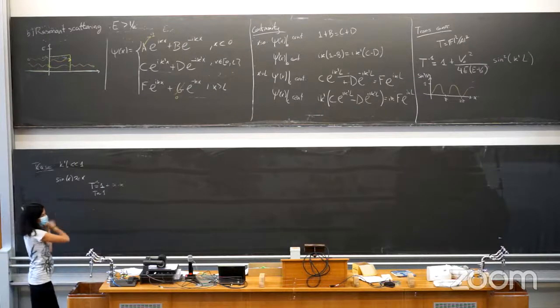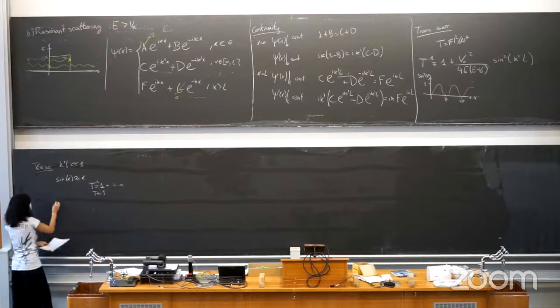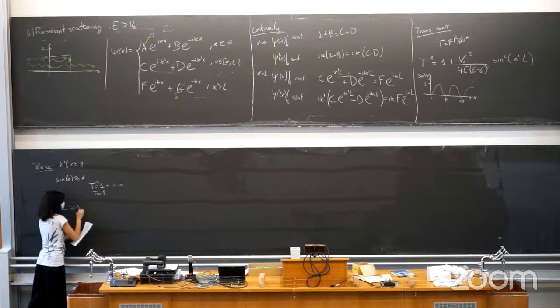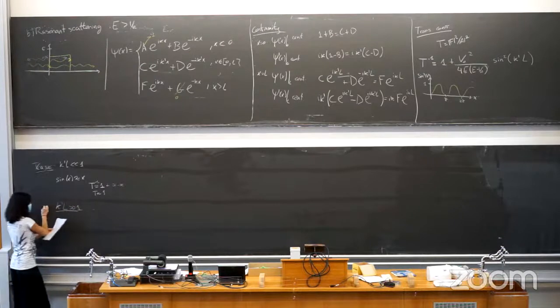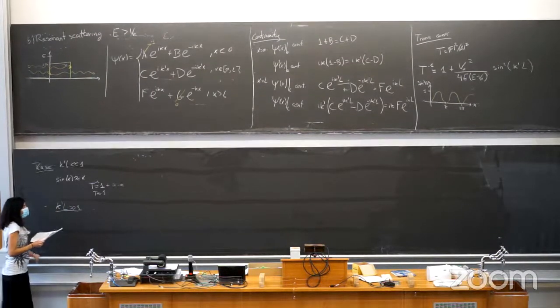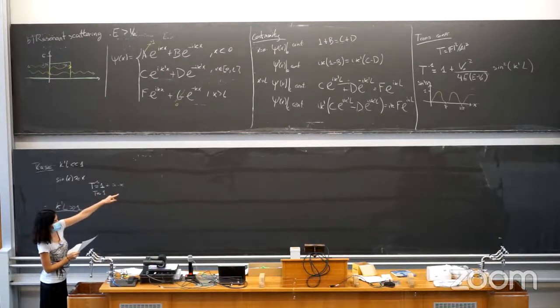But if it's no longer a narrow barrier, so if you have KL larger than 1, then still at those points where the sine is 0, the whole second half of the quotient term is 0, so t is 1.